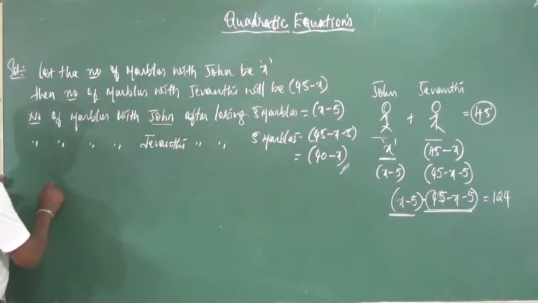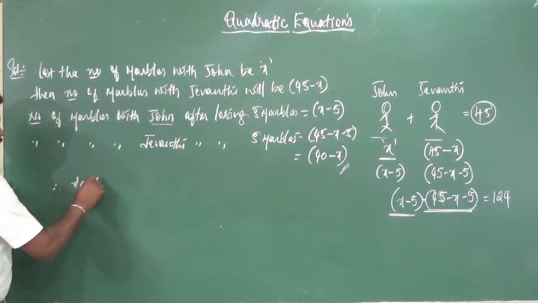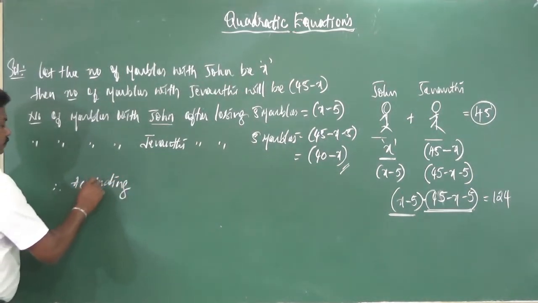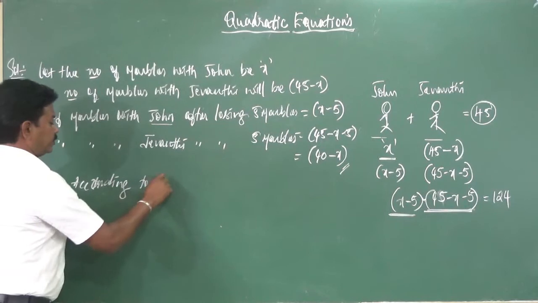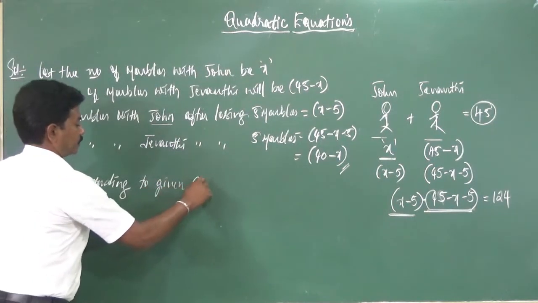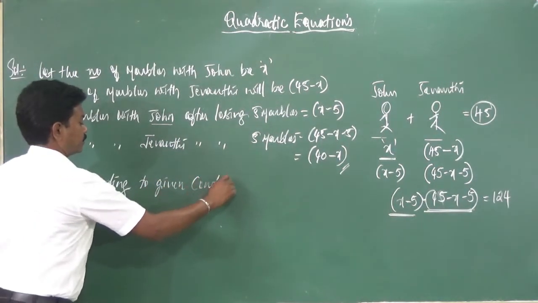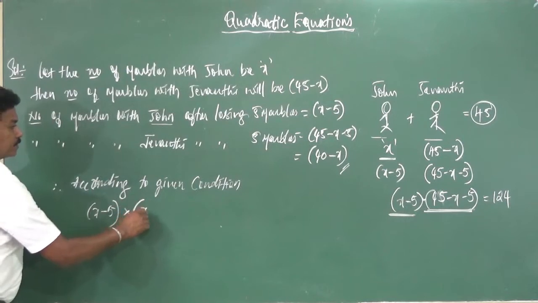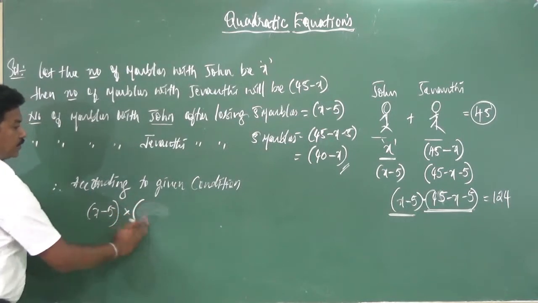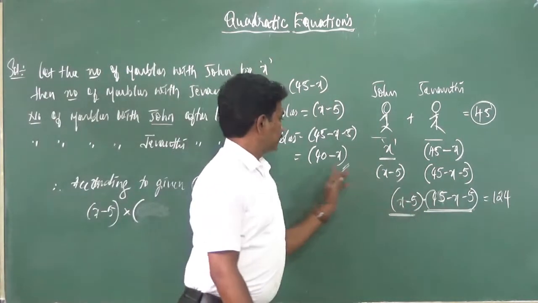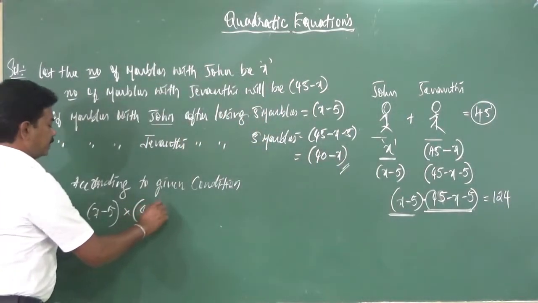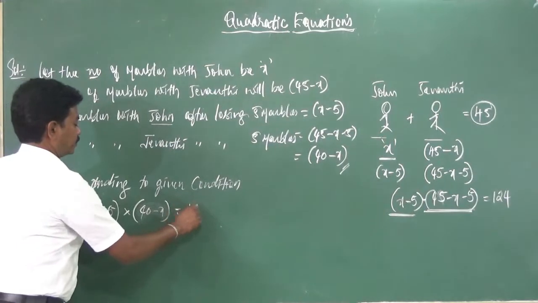So according to the given condition, x minus 5 into 40 minus x is equal to 124.